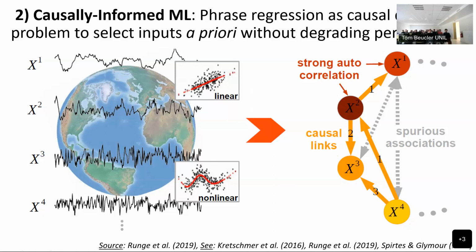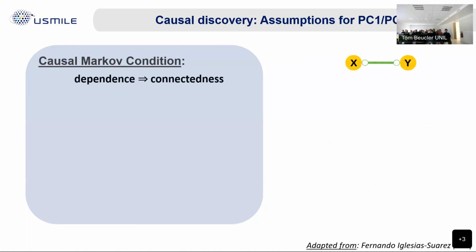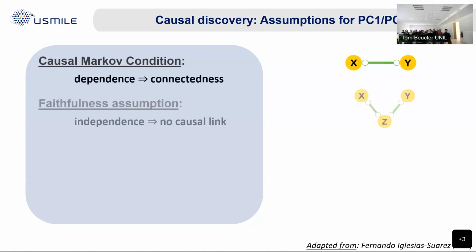And then the idea is pretty simple. You identify spurious links, and then you say, okay, these inputs I'm not going to connect to the outputs, so that whatever I train doesn't have these spurious correlations in it. It relies on a couple of assumptions, especially the PC1 algorithm we're going to use. It relies first on two conditions which allow you to define the causal graph.